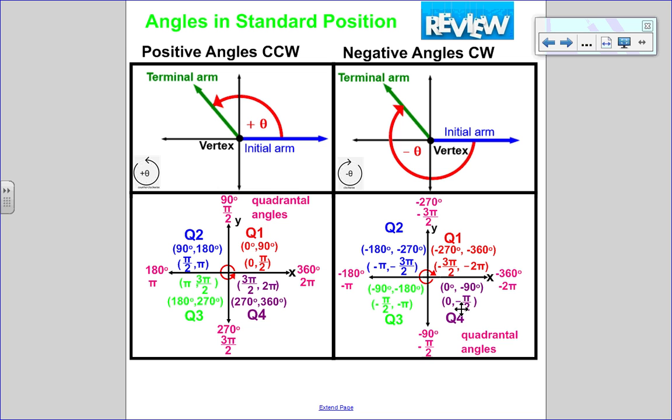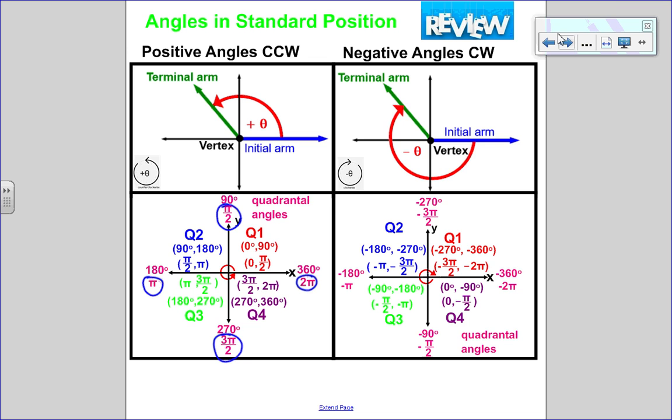Now with the addition of radians, I'm going from 0 to half of a pi, a full pi, 1.5 pi, and back to 2 pi. Conversely, I can do that negative as well, and I have the negative quadrants measured as well. So same thing as 20-1, we're just throwing the radians into the mix.